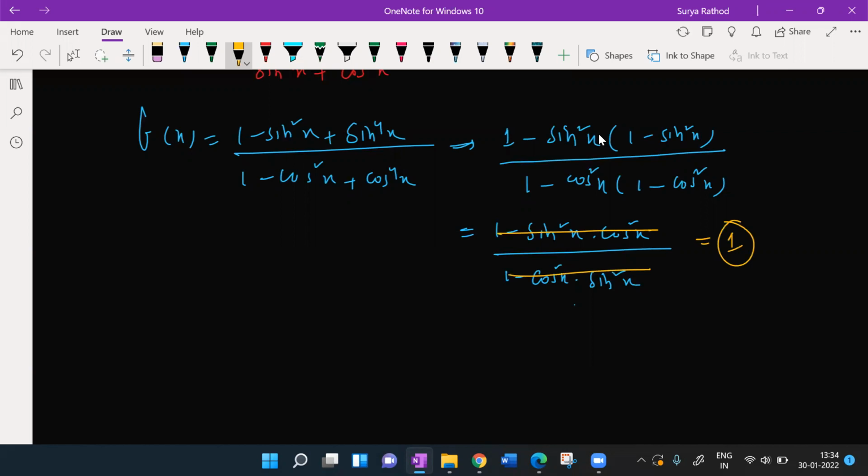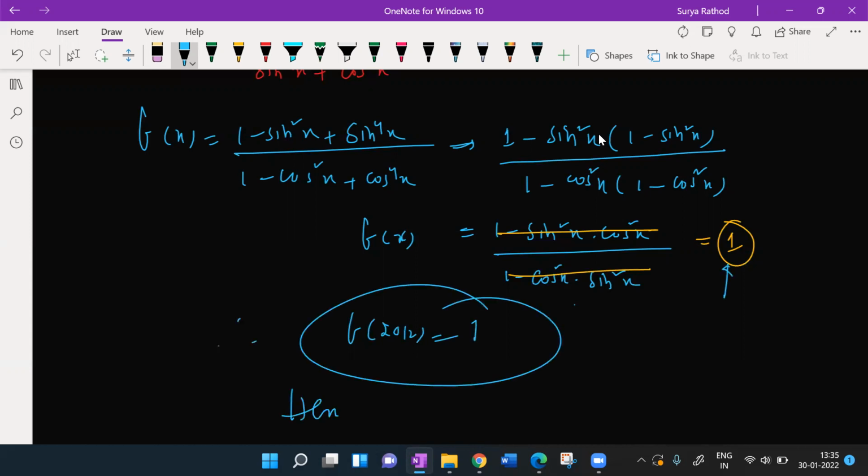So this is what I got. Then f of 2012 is what? This is my f of x, 1. f of 2012 is also 1. You can't substitute a constant here, so it is of course 1 only. Therefore, hence proved. Clear?